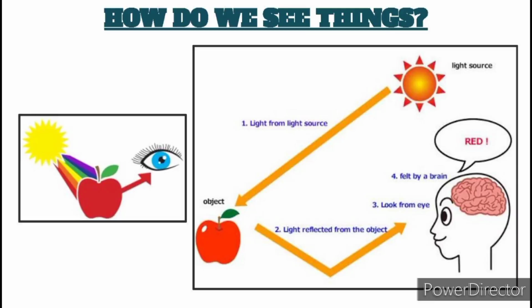From the eyes a signal is given to the brain. Then our brain will understand that the object is an apple, and it is red in color and it has one leaf. Like that, our brain recognizes all these characteristics of this apple. So this is the science behind this concept.